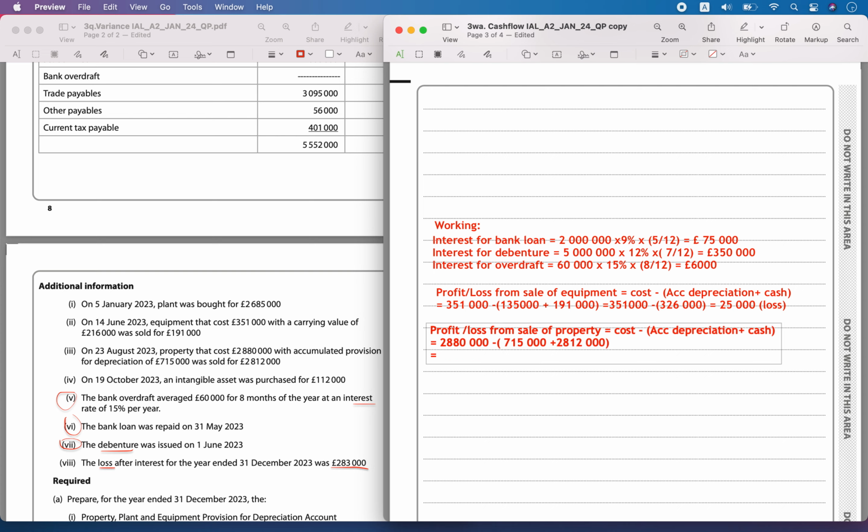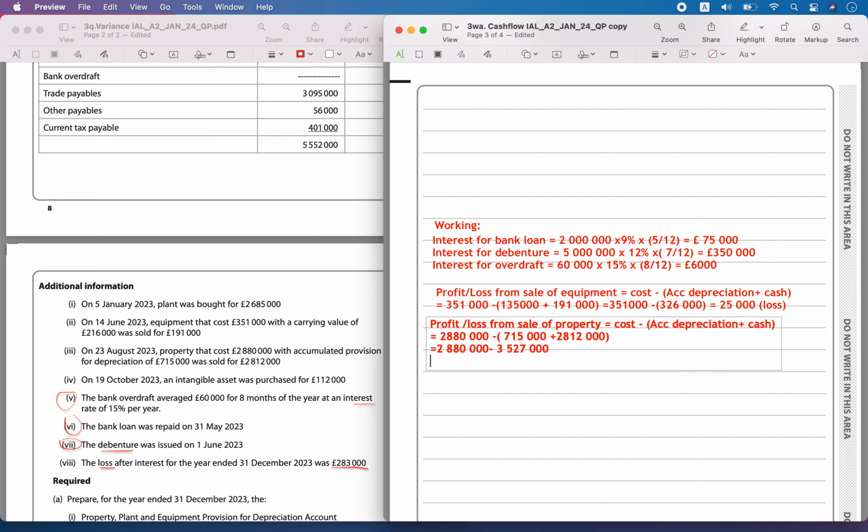So that is 2,880,000 minus 715,000 plus 2,812,000, which is 3,527,000. Now they have got more than the cost, so this is a profit.